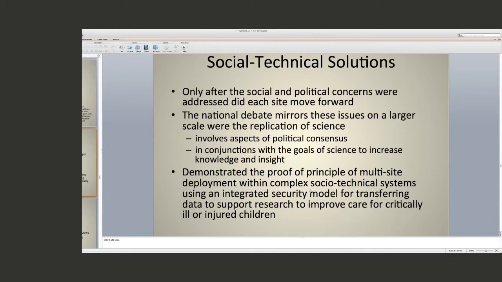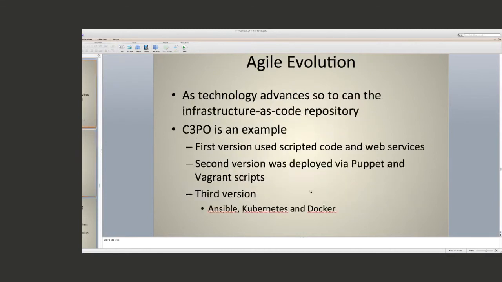And this kind of mirrors what goes on at a national scale, with political consensus in conjunction with the goals of science and increasing knowledge and insight. In other words, we're in a social technical milieu, and you need to approach that when you're doing these agile deployments.